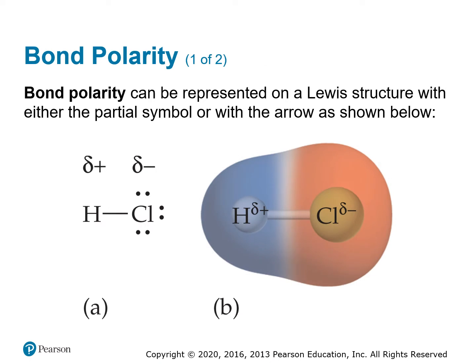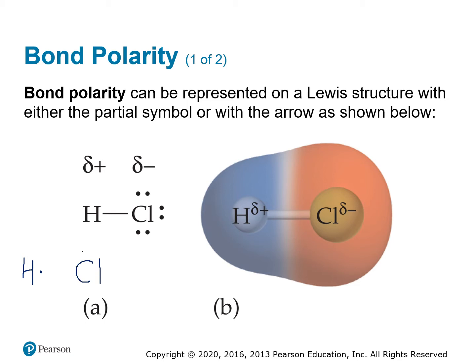So moving on, bond polarity is then represented on a Lewis structure. So hydrogen, chlorine. One more thing that I should point out here: for the Lewis structure, hydrogen has 1 electron, and chlorine has 7 valence electrons.